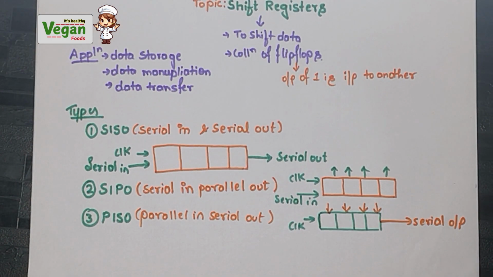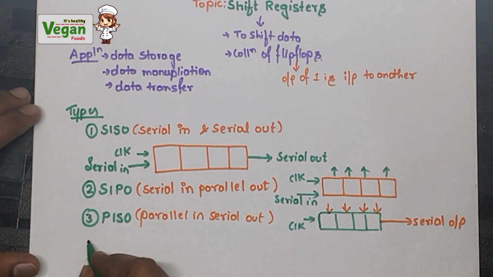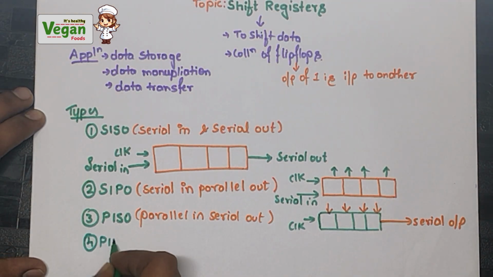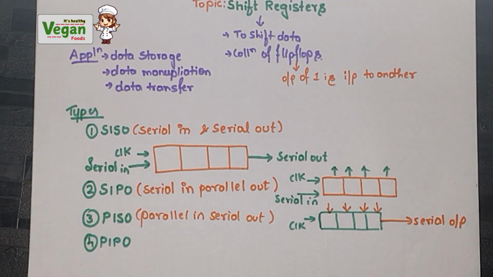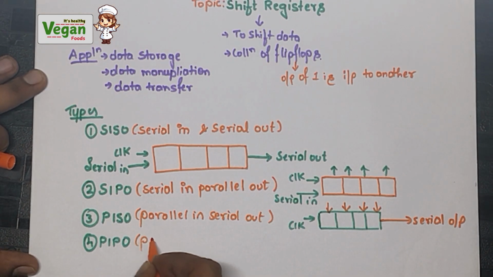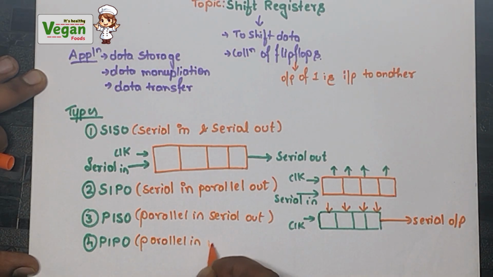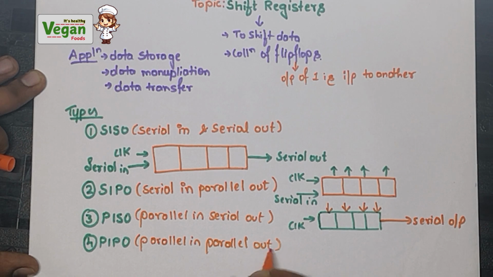Next, only one is left, that is PIPO. What does PIPO tell? Parallel in, parallel out. Both the inputs and outputs will be parallel.